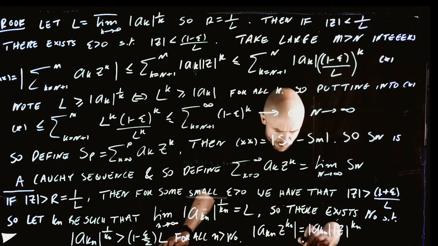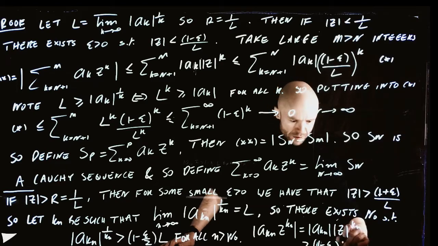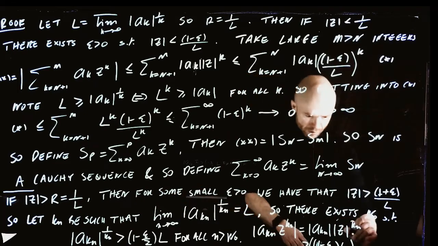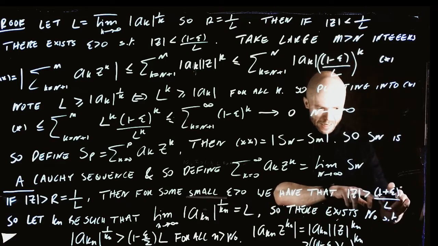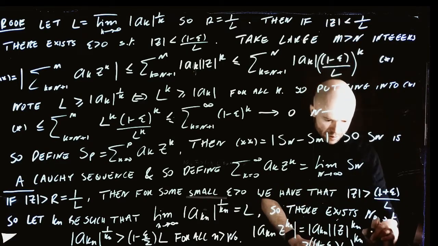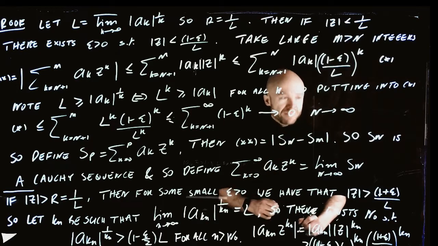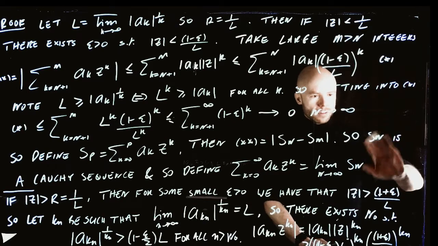Then this thing is bigger than (1 minus epsilon over 2) times L, everything to the power k_n, just from this inequality over here, right? And this thing here is bigger than this, (1 plus epsilon) over L to the k_n. Yeah? I'm running out of space, so let me erase a little bit of space.